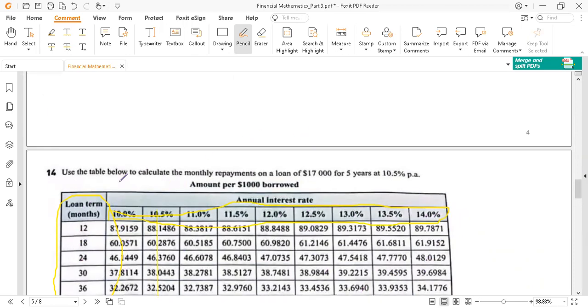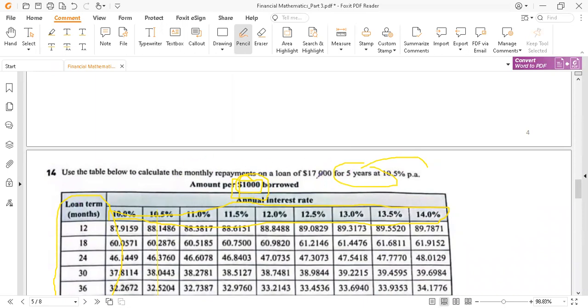We want to use this table to calculate the monthly repayments on a loan of $17,000. This table is for an amount per $1,000 borrowed, for 5 years, so we should calculate the 5 years as the loan term in months.